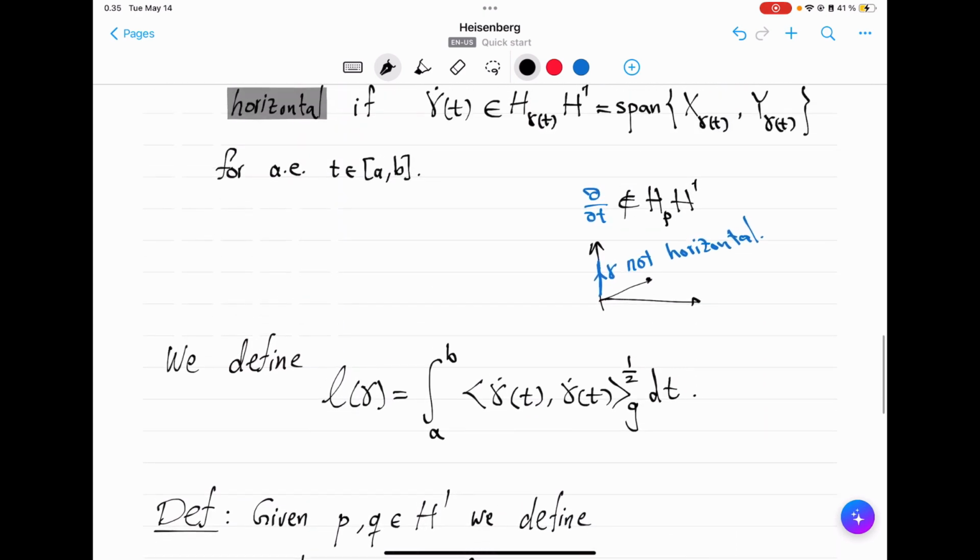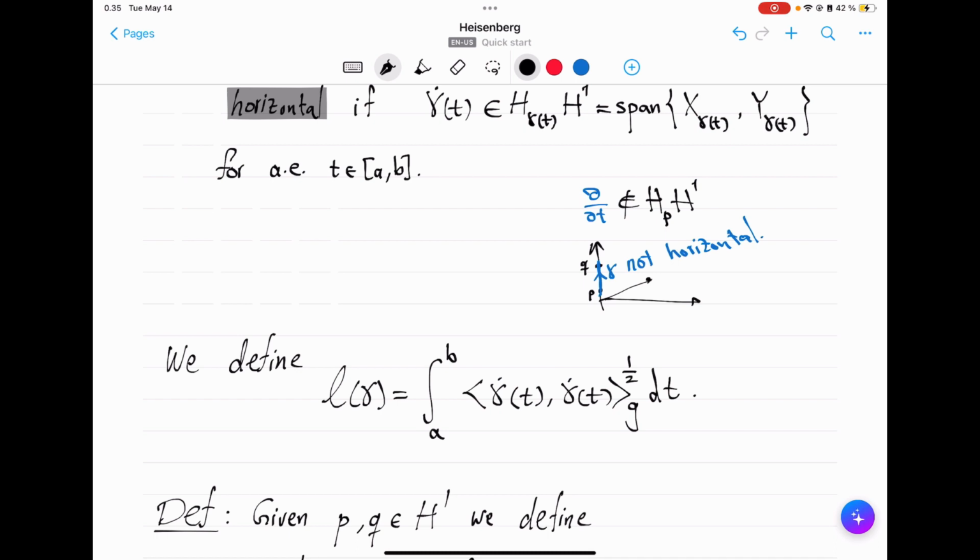In my picture, I showed you that the obvious path from this point to that point, if they are vertically on top of each other, doesn't work because it's not horizontal. And a horizontal curve, remember, has to, at every point, respect the horizontal plane at that point, which is two-dimensional, not in a three-dimensional world. So your velocities are always restricted.